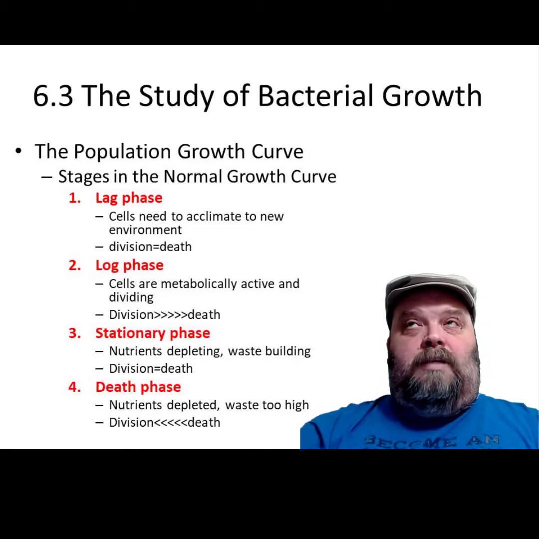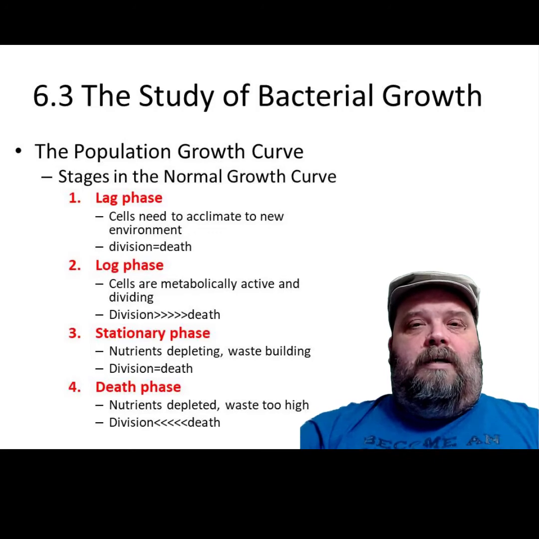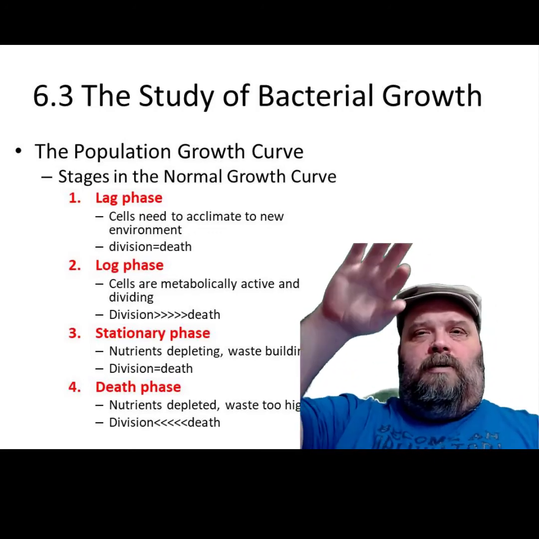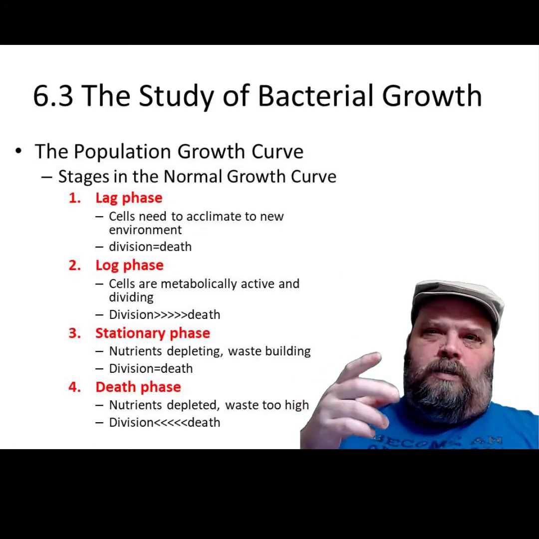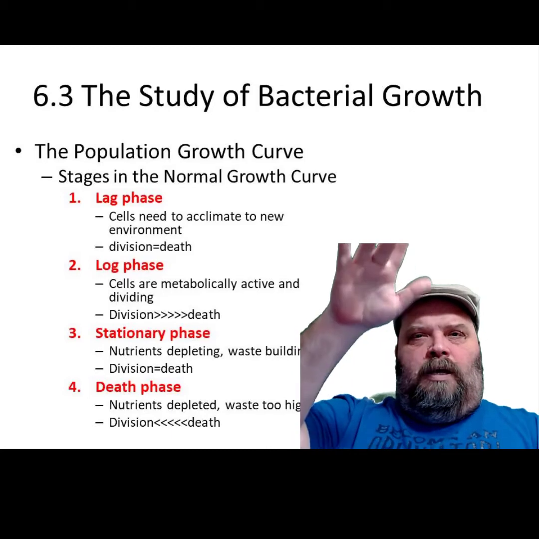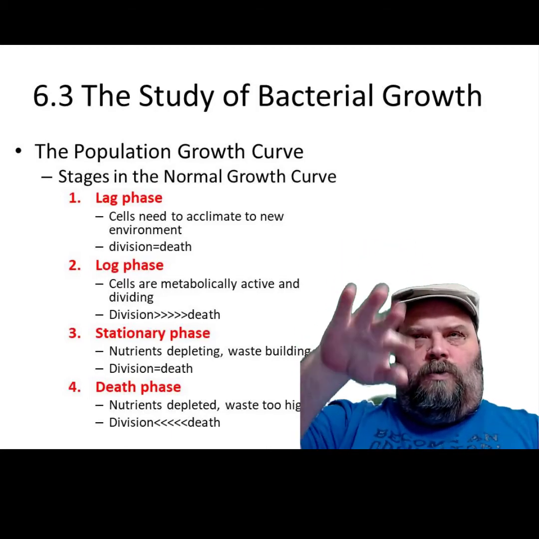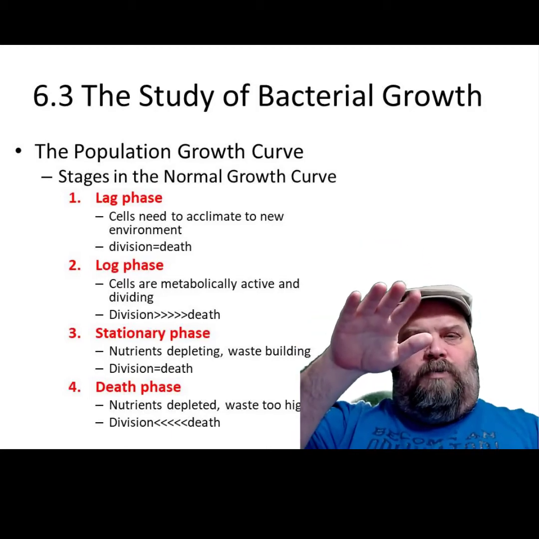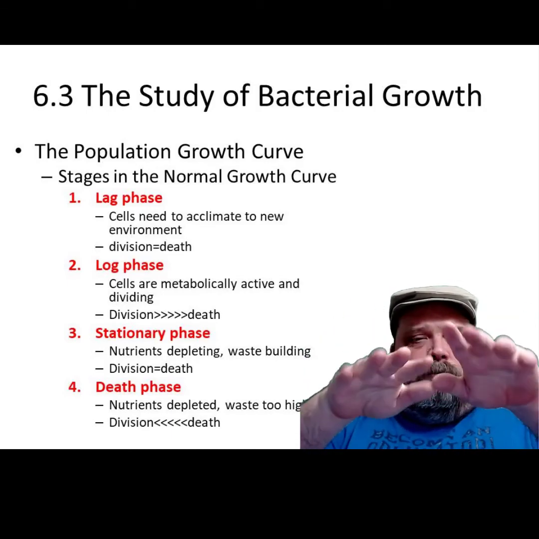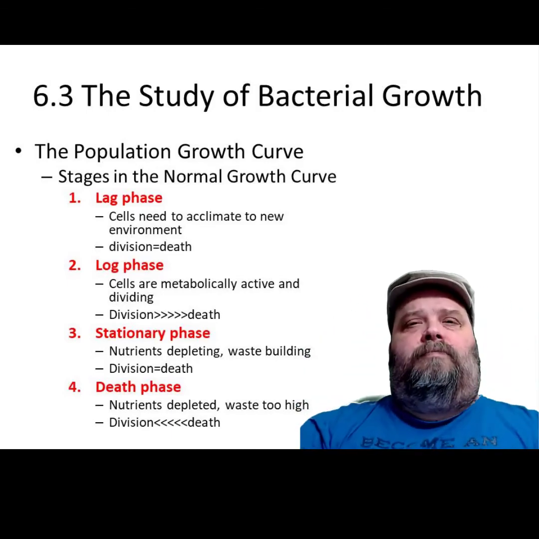Next, you get the stationary phase. The numbers have increased and increased, and well, you know what? Nutrients are starting to get a little depleted. Waste is starting to build up, so active division starts to taper a bit. The number of cells dying starts to increase. We're back to a balance.